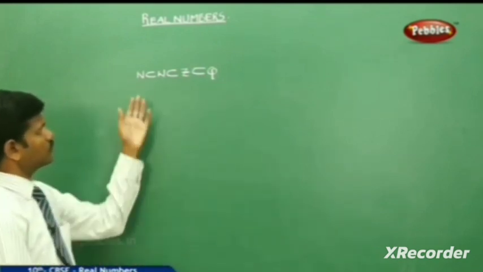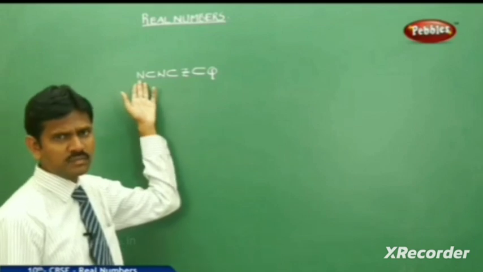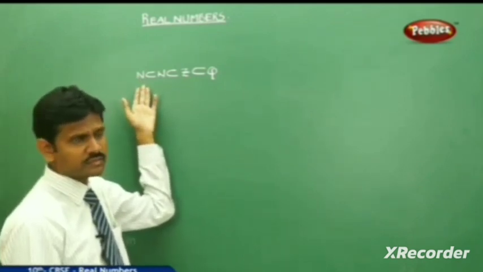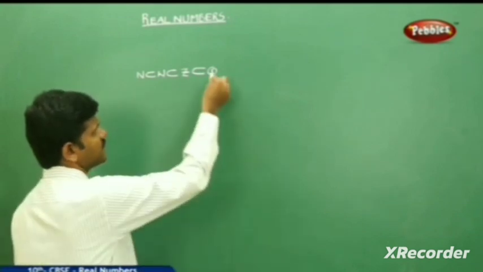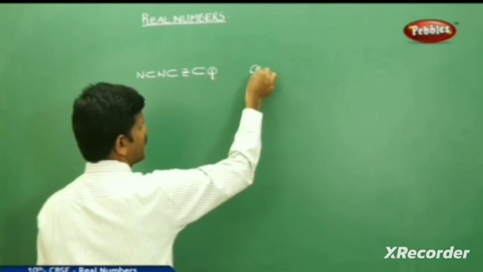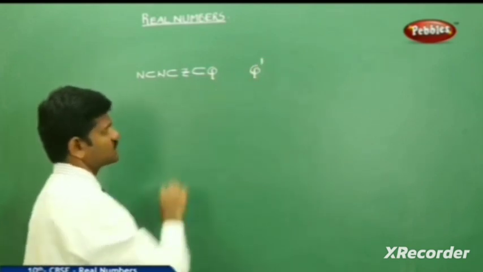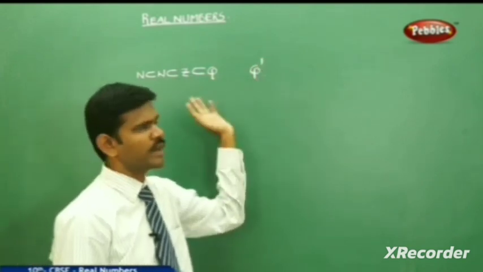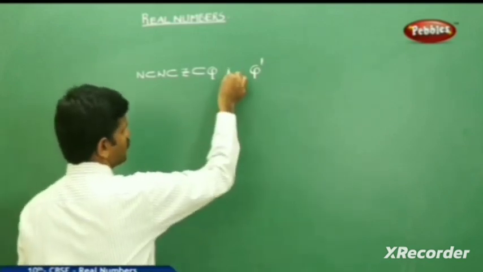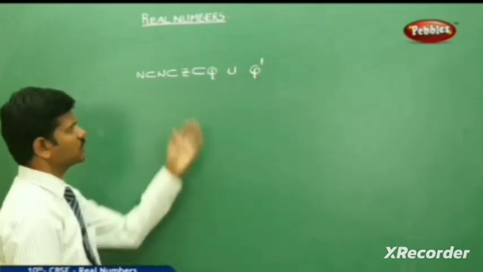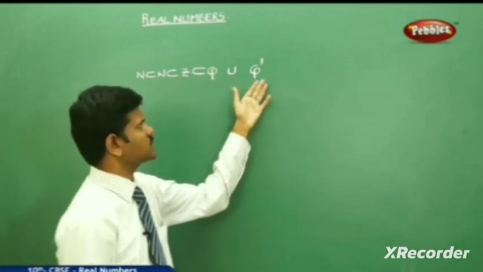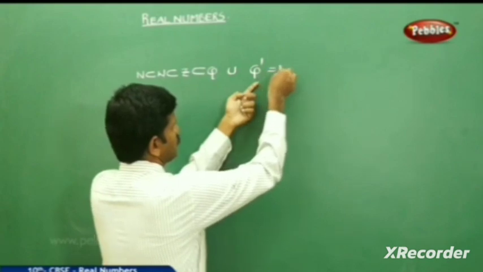Now, in the number system, the smallest set is the natural numbers, and the biggest in this group is the rational numbers. Now, Q dash is separate from this. That means Q and Q dash are quite different from each other. If you combine these two, that is rational numbers union irrational numbers, it gives you the real numbers.